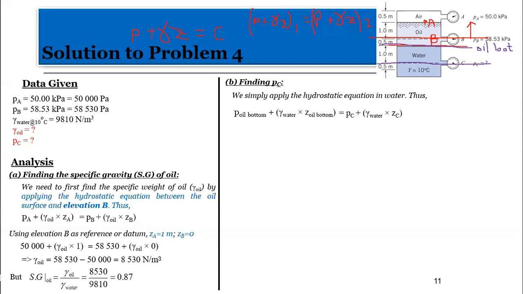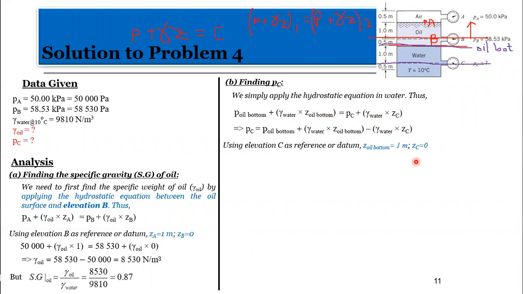All right. So if we do that, now we are saying that's equal to PC here plus gamma of water times ZC. So what is left now is to find the P bottom, right? So if we make PC the subject from this equation, we are taking this one across. So we already have P oil bottom here plus gamma water times Z oil bottom minus gamma water times ZC, okay?